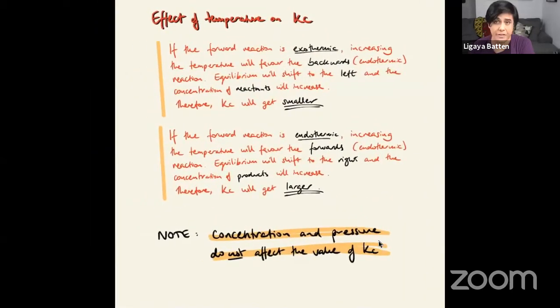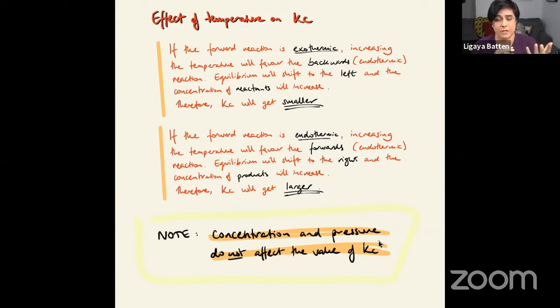An additional thing that you have to know in all of the specs is the fact that Kc is affected by temperature. So it's important to know at this bottom part here that Kc is not affected by concentration and pressure. Although you've learned that concentration and pressure can affect the position of equilibrium, that's usually a temporary effect where equilibrium is re-established and the same ratio of products to reactants will remain.